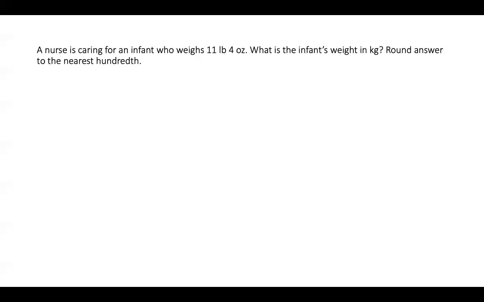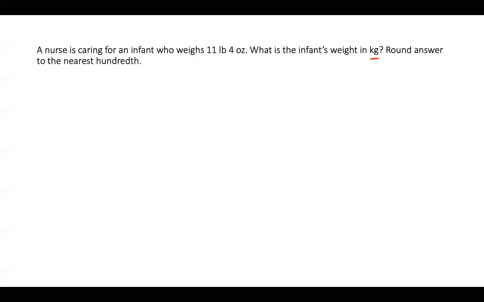A nurse is caring for an infant who weighs 11 pounds, 4 ounces. What is the infant's weight in kilograms? Round the answer to the nearest hundredth. So step one, what are we looking for? We're looking for kilograms.